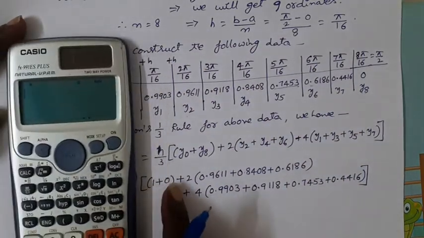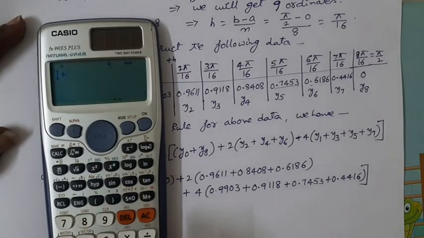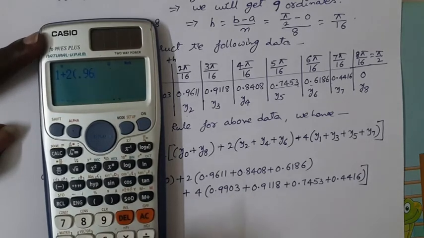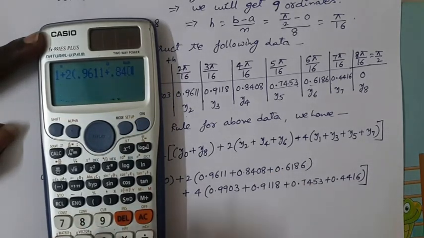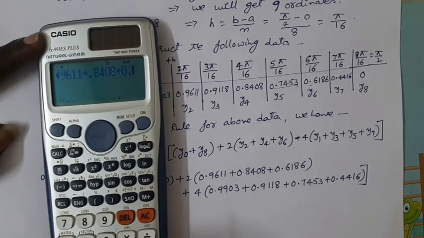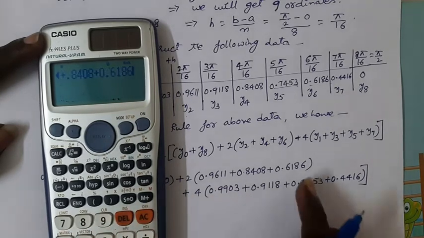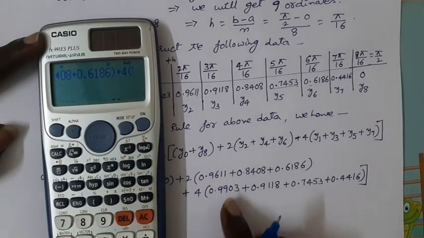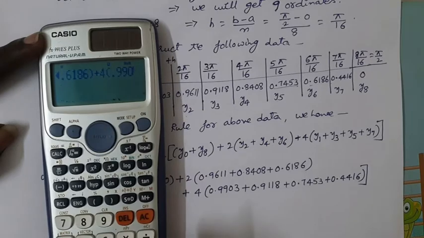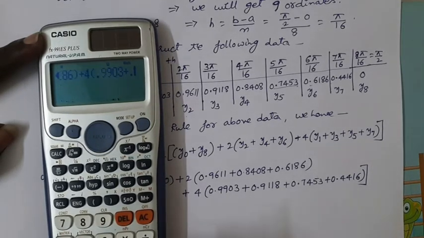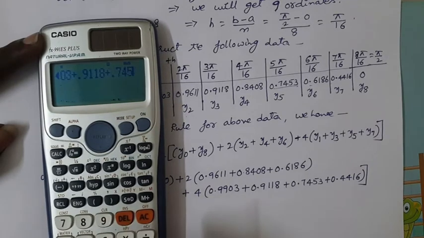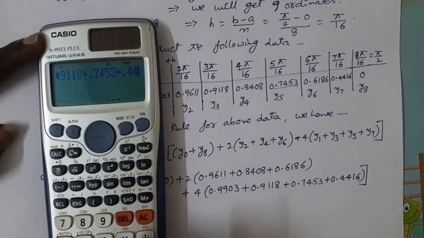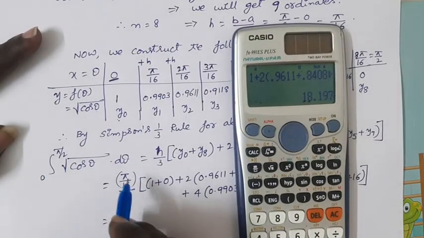This is 1 plus 0, which is 1, plus 2 times 0.9611 plus 0.8408 plus 0.6186, close the bracket, plus 4 times 0.9903 plus 0.9118 plus 0.7453 plus 0.4416, close the bracket, equal to.